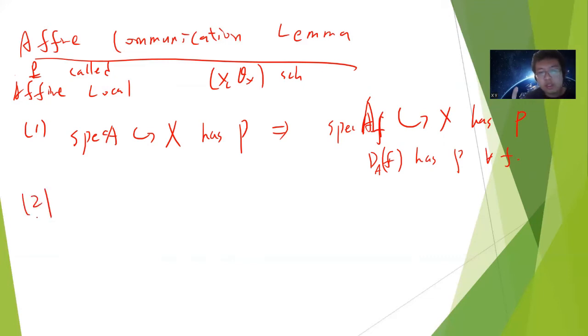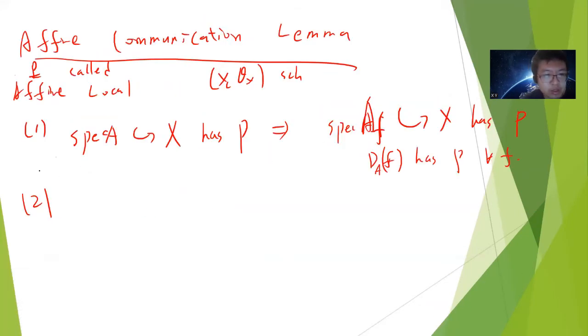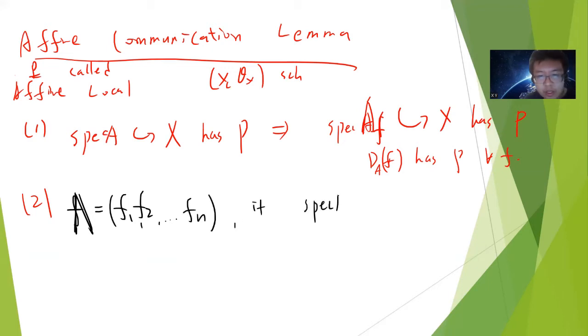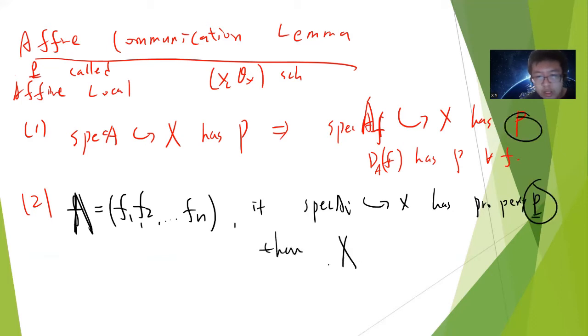Then the second one is that if each smaller one has this property, then the total will have this property. So let me just write it down. The second one is that if I write (F1, F2, up to Fn) as a cover, and if for all i, Spec A_i in X has property P, then X, Spec A has P. Okay, so basically it's very simple, right?